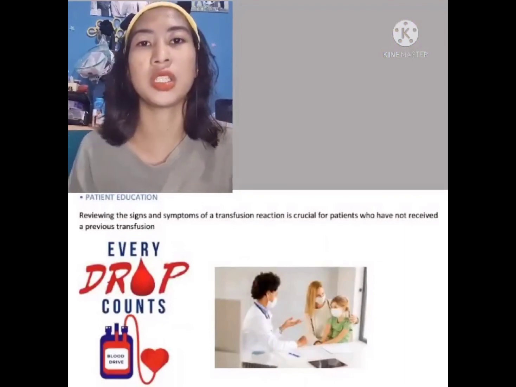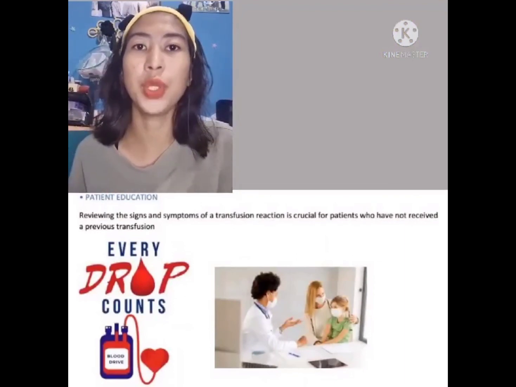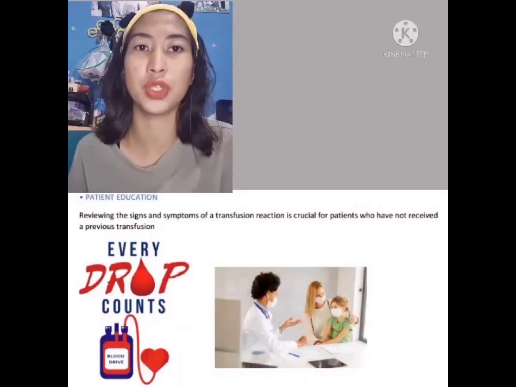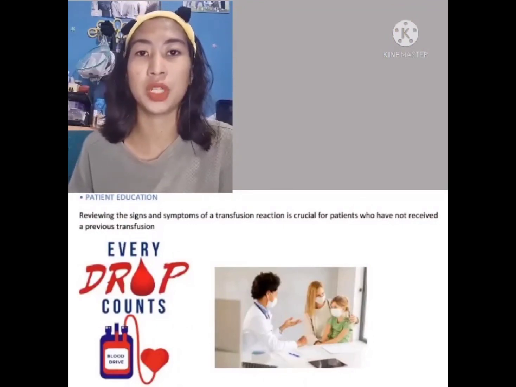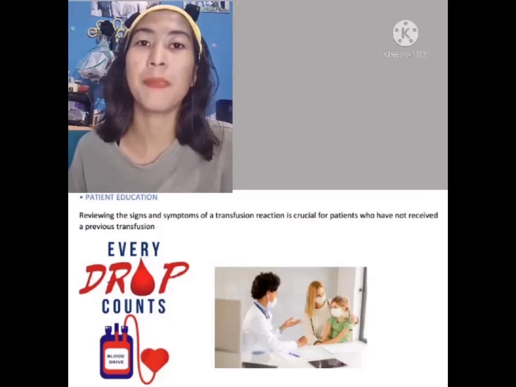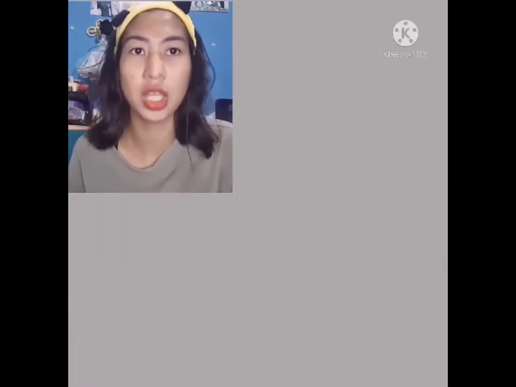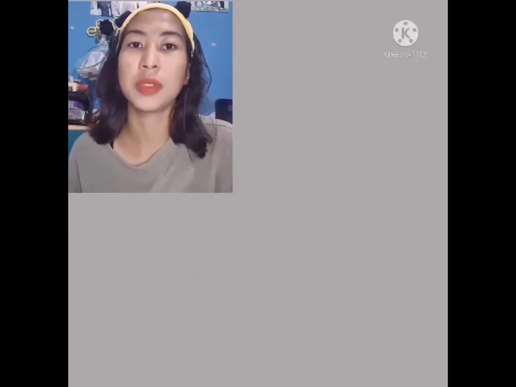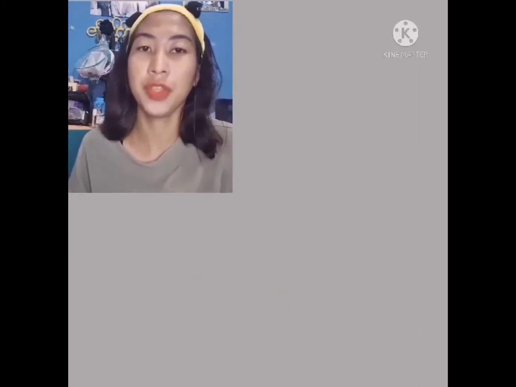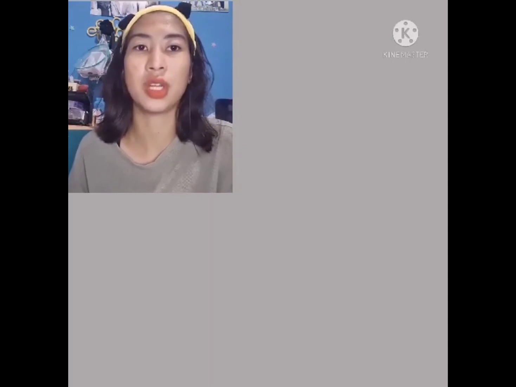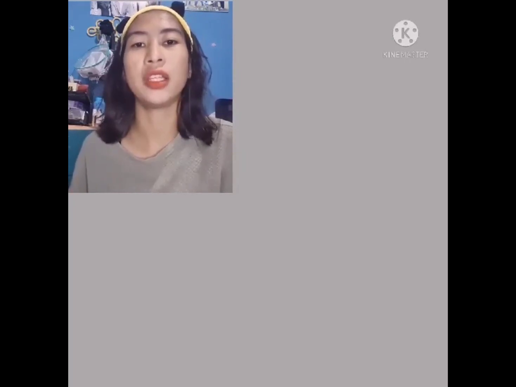Patient education is reviewing the signs and symptoms of a transfusion reaction. It is crucial for patients who have not received a previous transfusion. A brief review of signs and symptoms of transfusion reactions is advised. Signs and symptoms of reaction include fever, chills, respiratory distress, low back pain, nausea, pain at the IV site, or anything unusual.